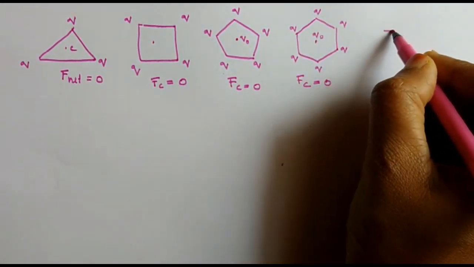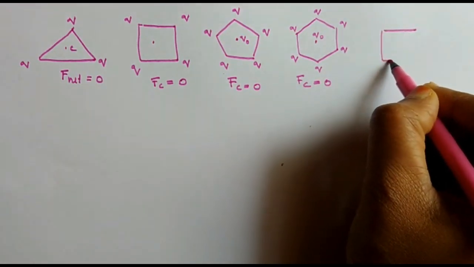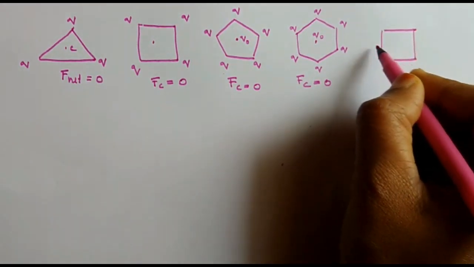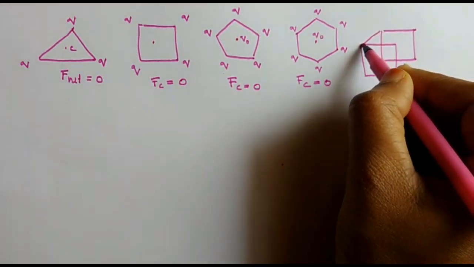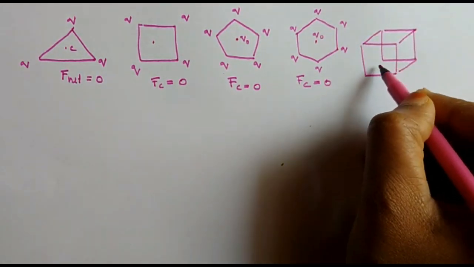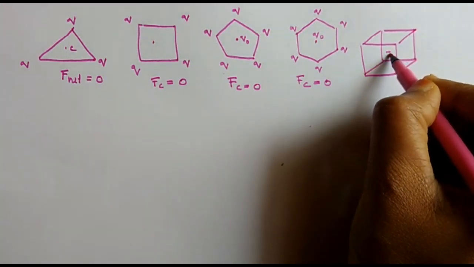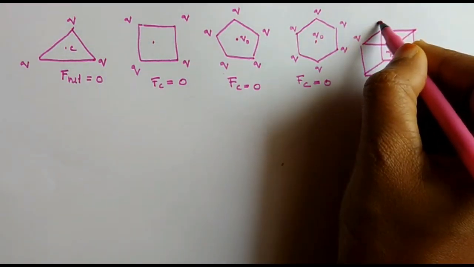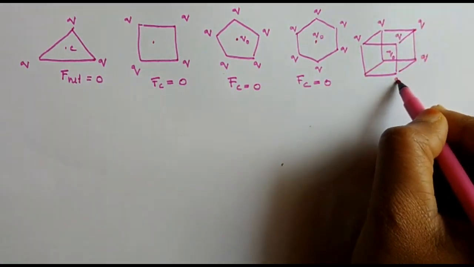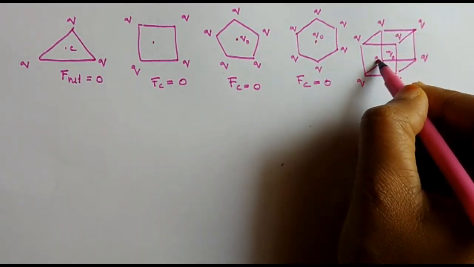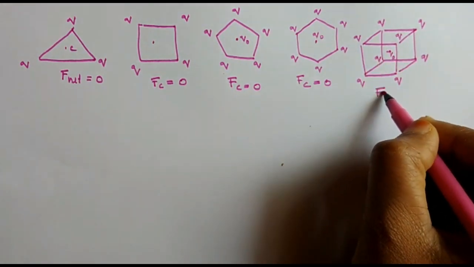The rule is applicable even for a cubical arrangement. If at 8 corners of a cube you have 8 point charges, the net force acting on an additional charge Q0 at the center would again be 0. So remember this result. Based on this, we will discuss one more question.